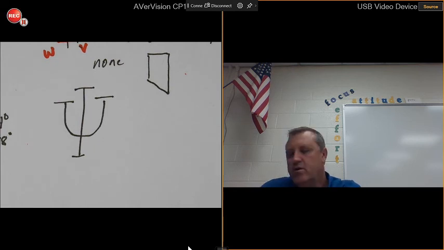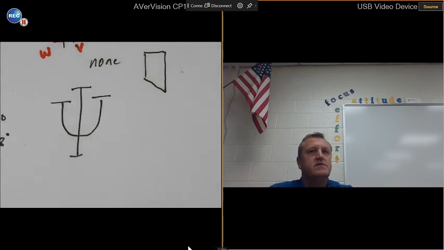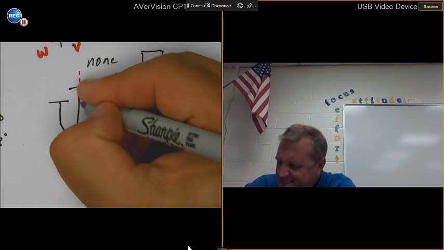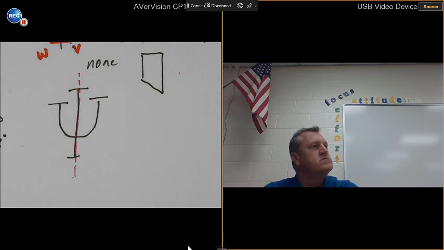Okay, so how about rotational symmetry? I don't see anything other than the 360, right? But what about lines of symmetry? I see at least one, right? Colby, right in the middle? I don't think I see any others, though.